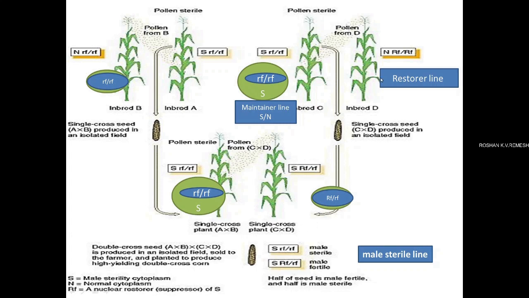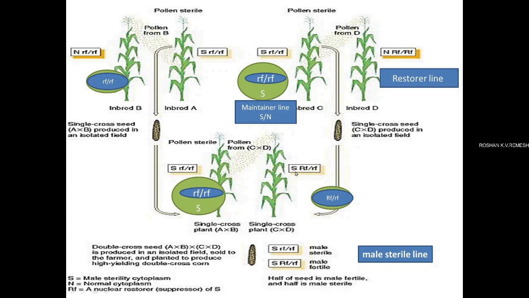So in the progeny, the nuclear RF genes are heterozygous. That means it has both dominant and recessive RF genes in the nucleus, and the cytoplasmic content is a sterile one, because the mother plant itself is sterile and the cytoplasmic content is inherited from the mother plant.